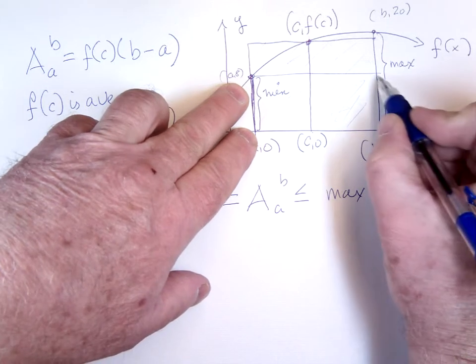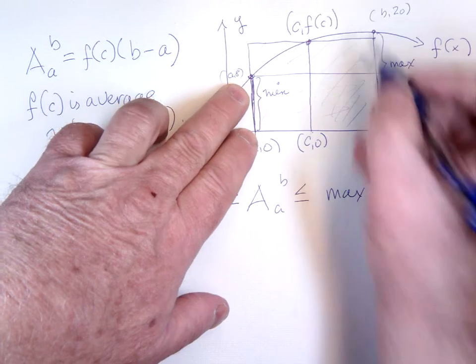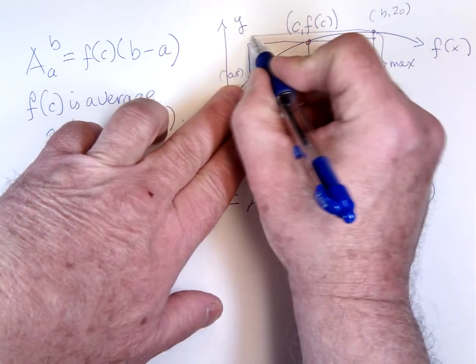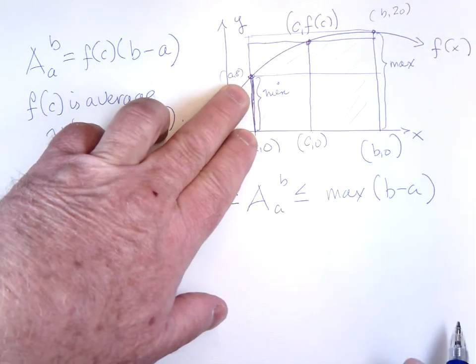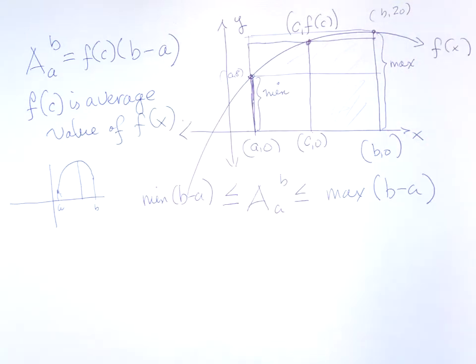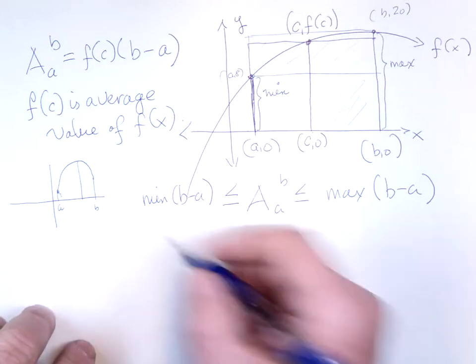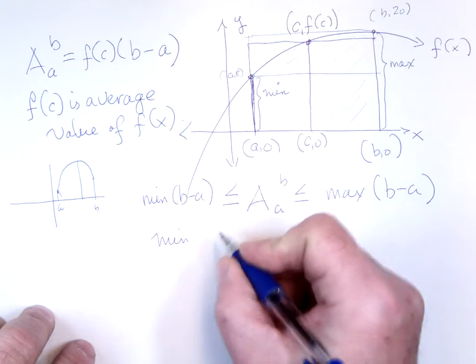It's going to be greater than that, but it's going to be less than the area of that rectangle, the biggest rectangle. It's somewhere in between the two. And the only time it's going to be equal to both is when we have a horizontal line, a constant function. Okay, I'm going to divide both sides by b minus a. So the minimum value, okay.